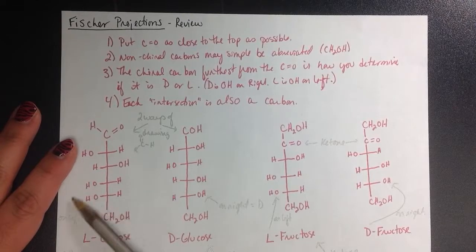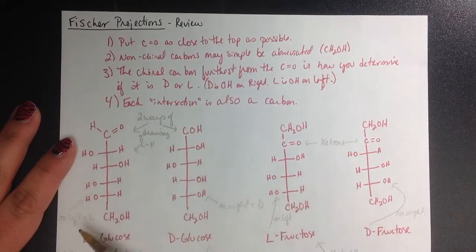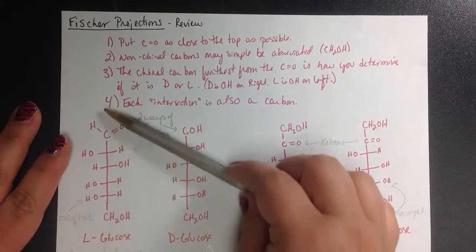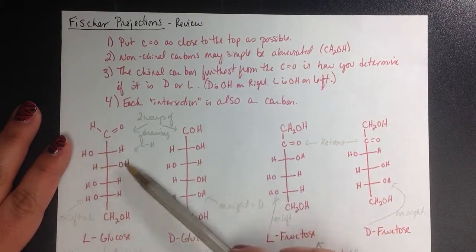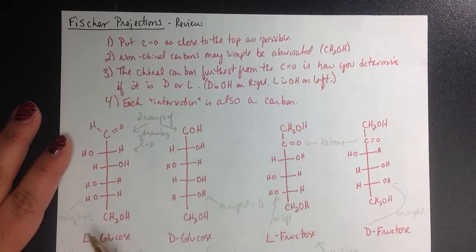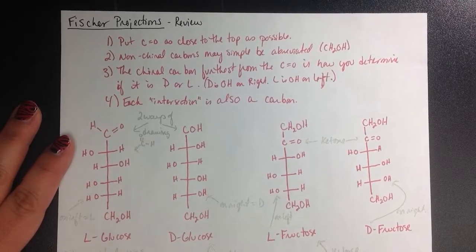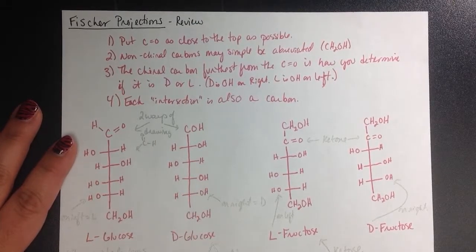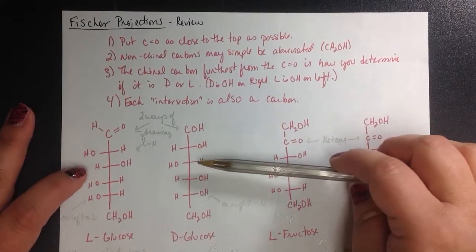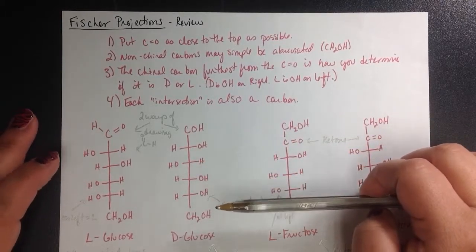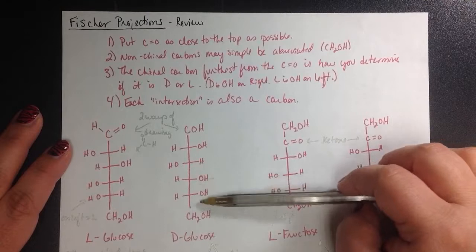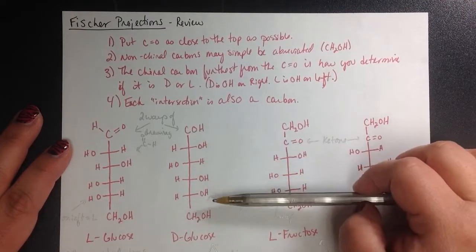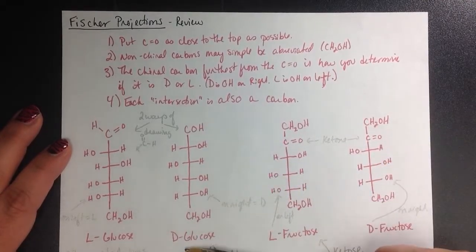Remember, the OH that's furthest from the carbonyl is how it gets its L versus D. So glucose tells you the patterning of back and forth with this OH. The fact that this bottom one is on the left defines it as L-glucose. If you look at its enantiomer, or its mirror image over here, see how every single thing changed, right? Well, now this OH is the furthest from the CHO. This means that it's a D-glucose.